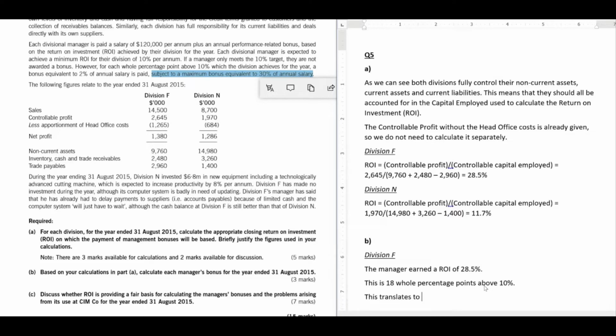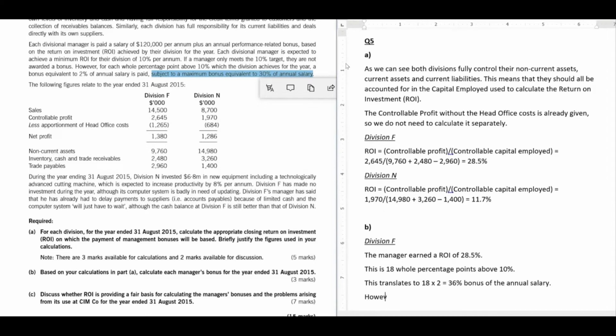So for each, he gets 2% of the annual salary. 18 into 2, which is equal to 36% bonus of the annual salary. However, the bonus is subject to a maximum level of 30%. Since the bonus is limited to a maximum of 30% of the annual salary, he will get only 30%.